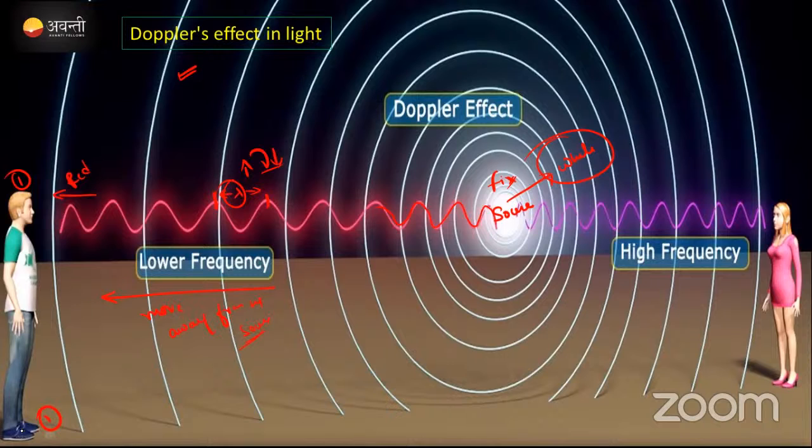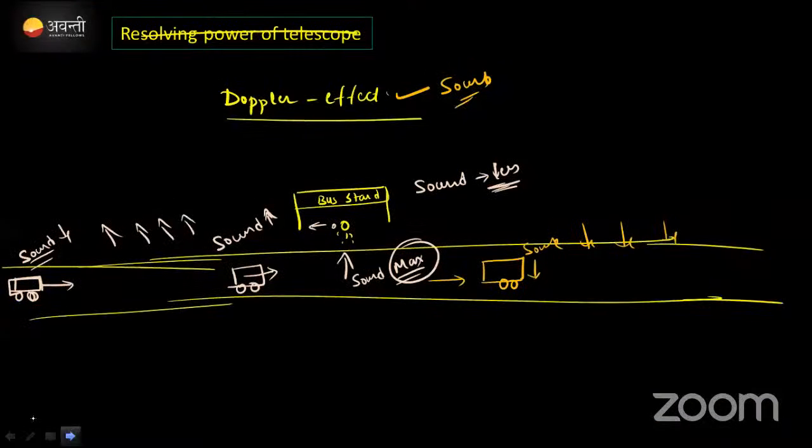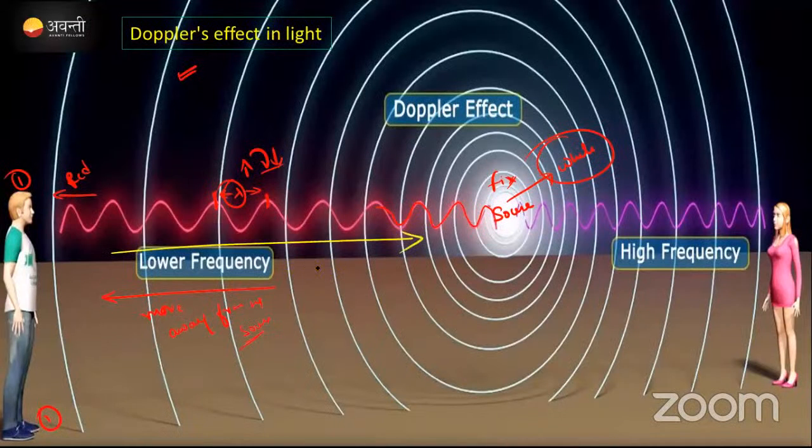Okay, now the second scenario. If I move towards the source of light, the wavelength will become less, which means the intensity will increase, and the frequency also increases here.